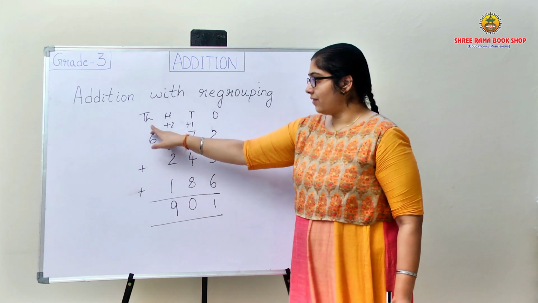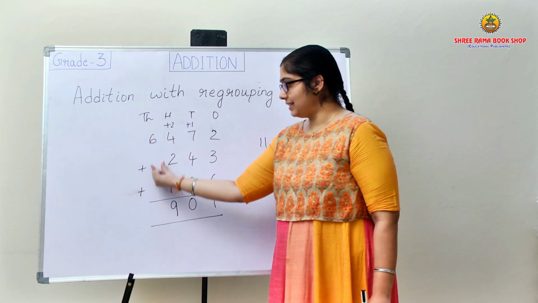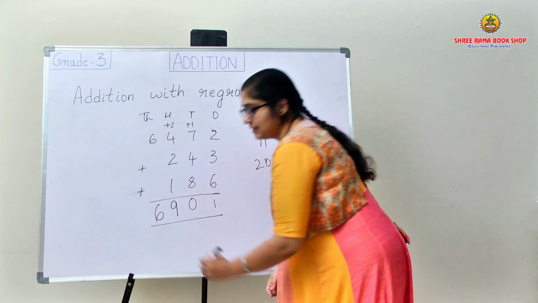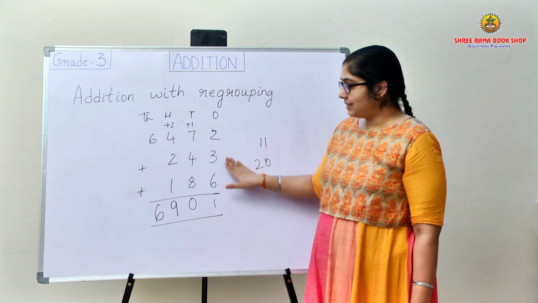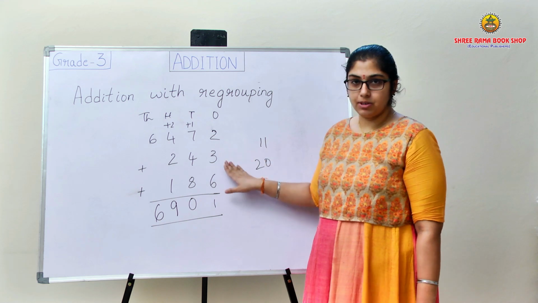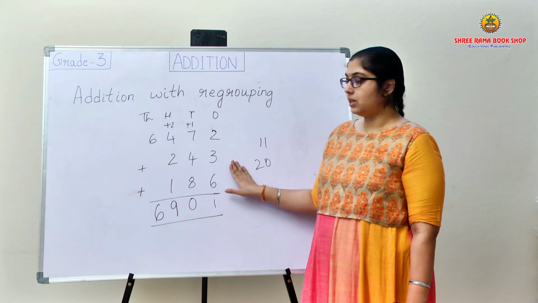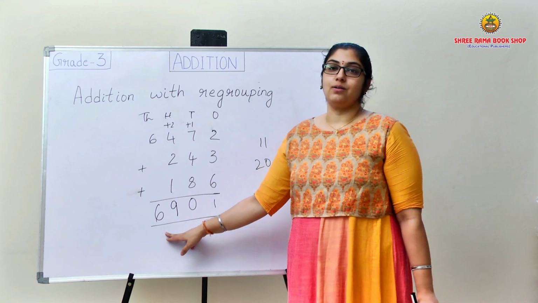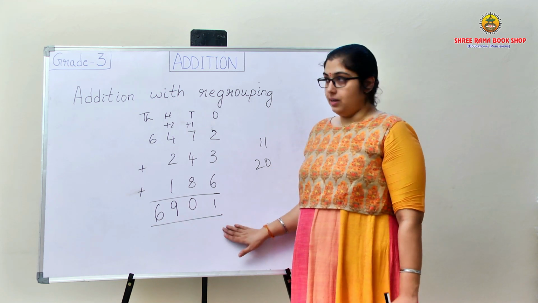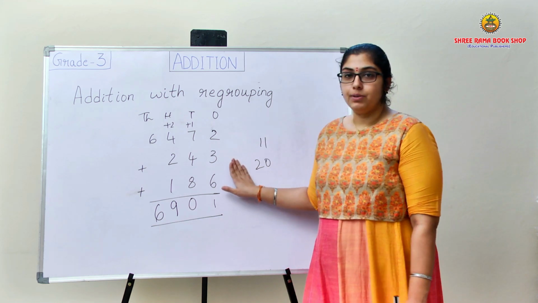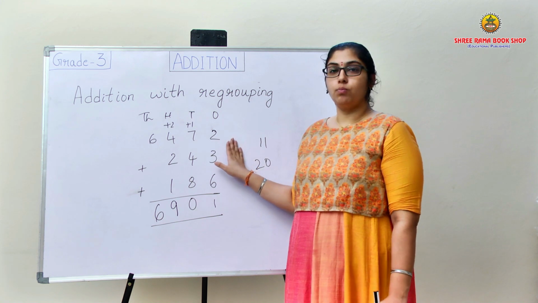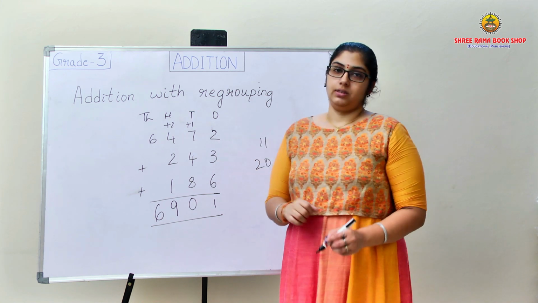And again I don't have any carry over here, so as it is I will write the number 6 here. So when I add all the 3 numbers, I get the answer as 6,901. This is how you add numbers when there are 2 or more in addition with regrouping.